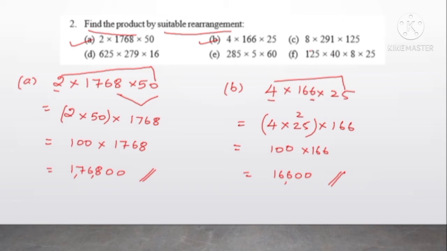Now third subdivision. The question is 8 into 291 into 125. So this is equal to, now you just check it, 8 1s are 8, but here 8 5s are 40.